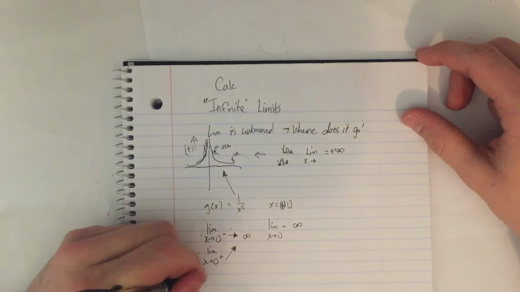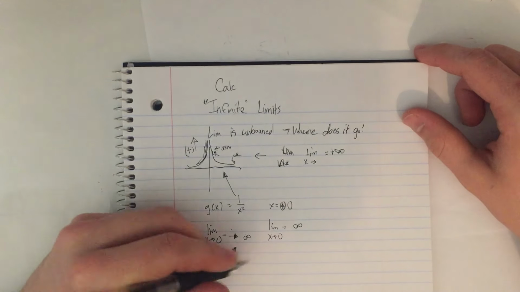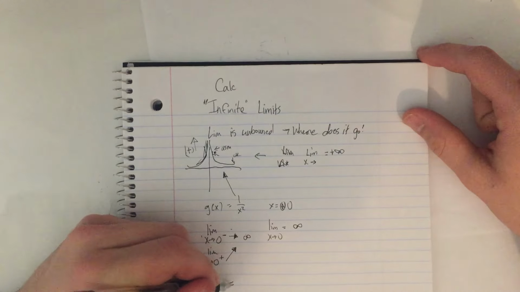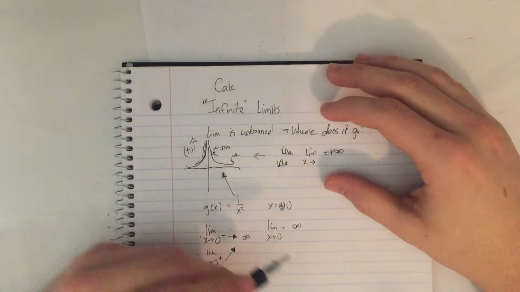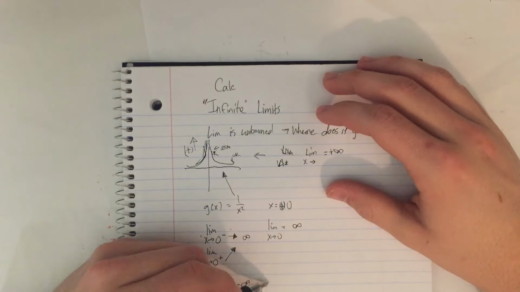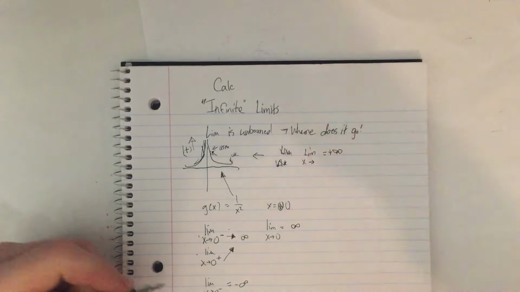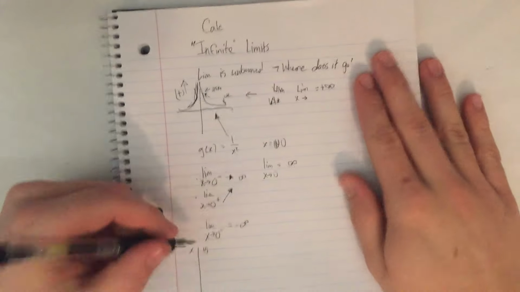So if the limit as x approaches 0 from the left goes to negative infinity, a way we could look at this is with an x, y table, and look at where the numbers are going.